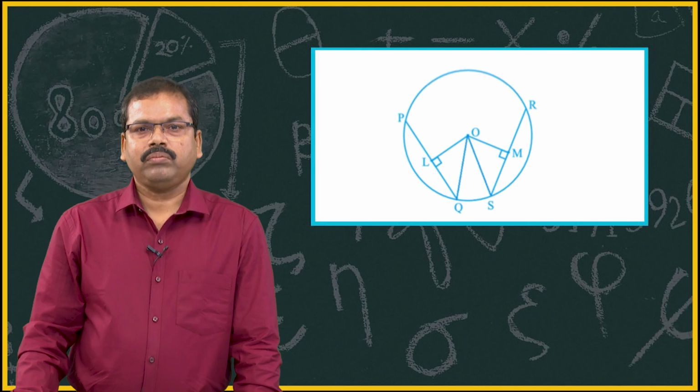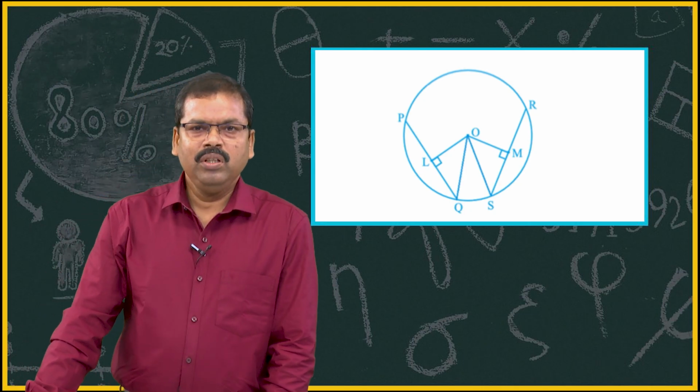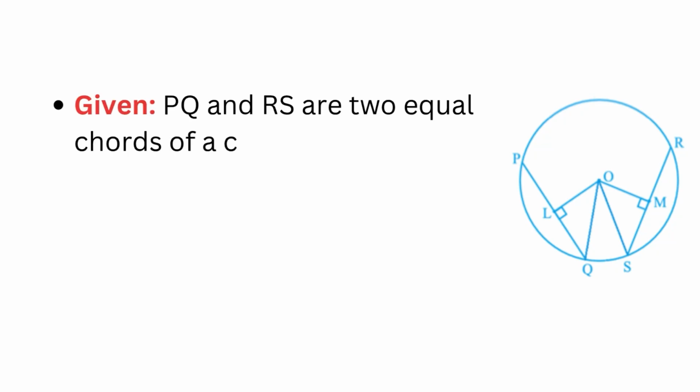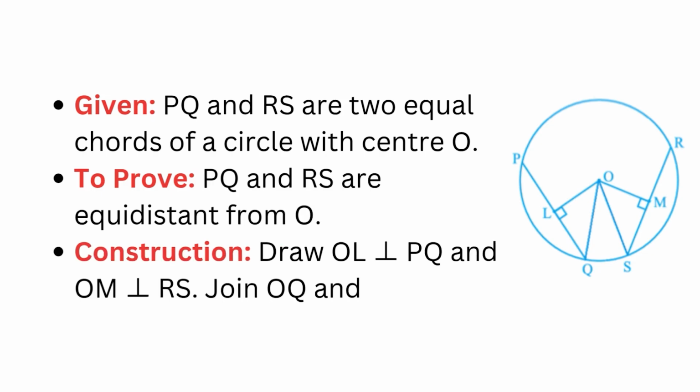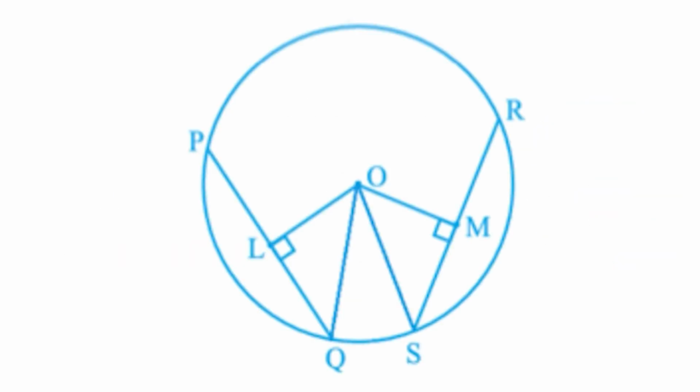Next, come to the theorem now. What is given? You observe the diagram. Here it is given PQ and RS are two equal chords of a circle with center O. What to prove? PQ and RS are equidistant from the center O. Come to the construction part, students.